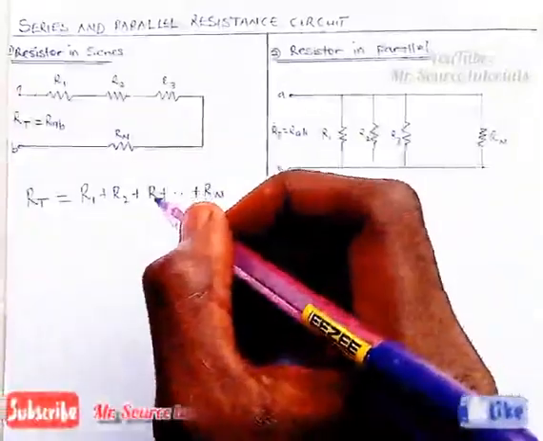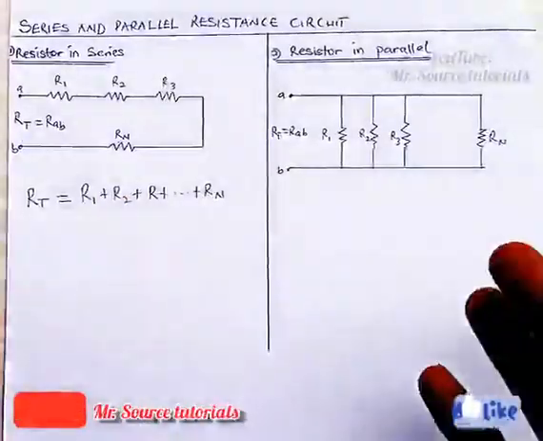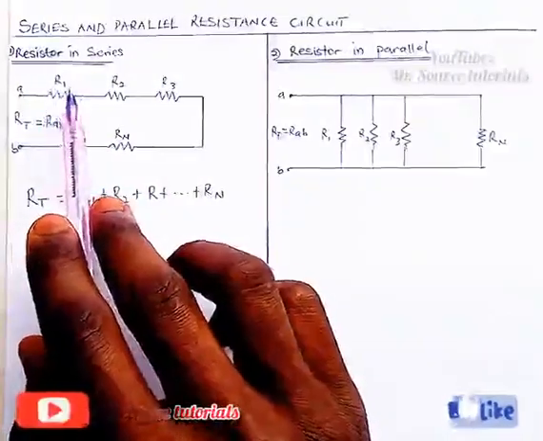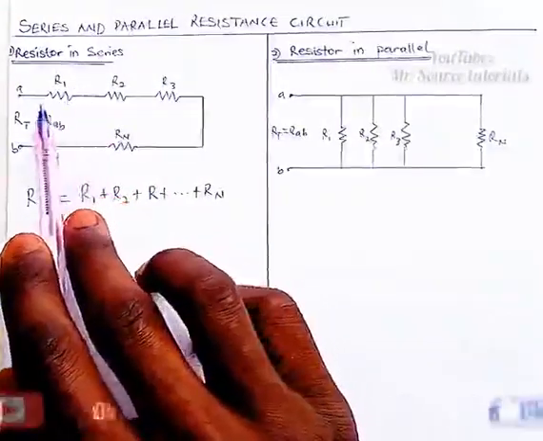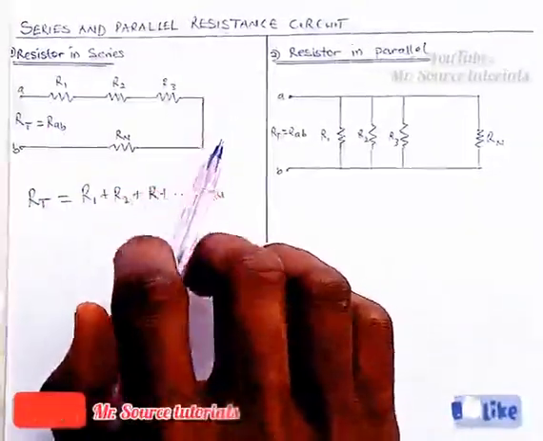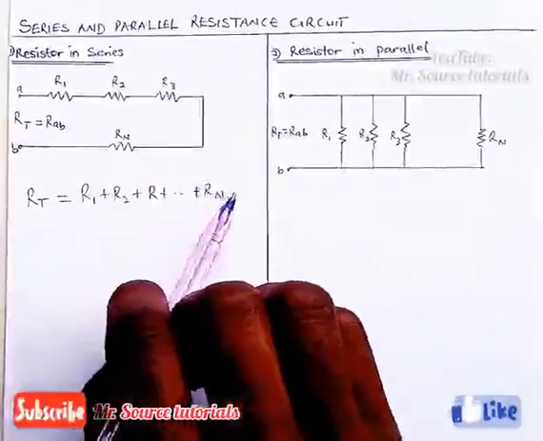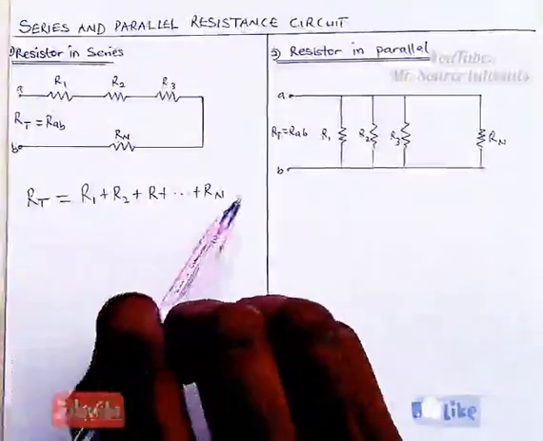This means you can continue to as many as possible, even to infinity, as far as it is connected tail to head. That is the formula for finding total resistance in series.